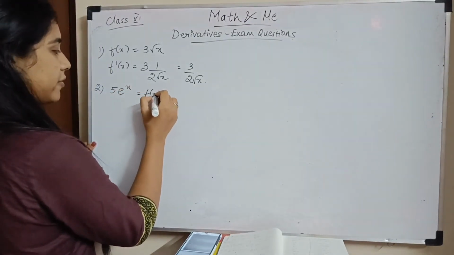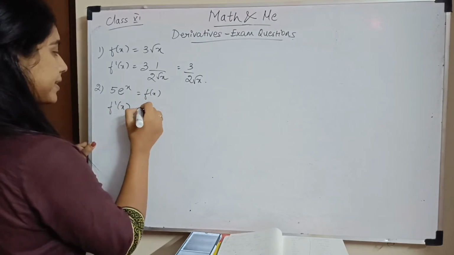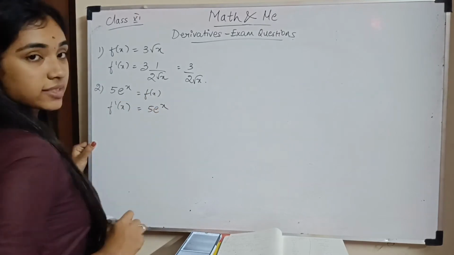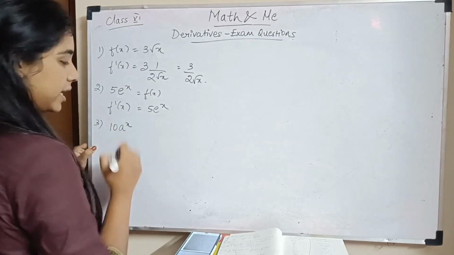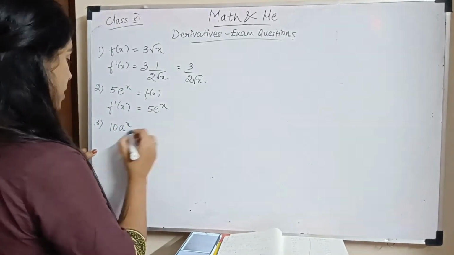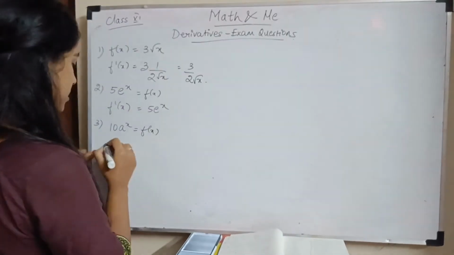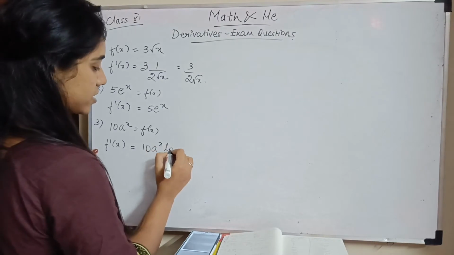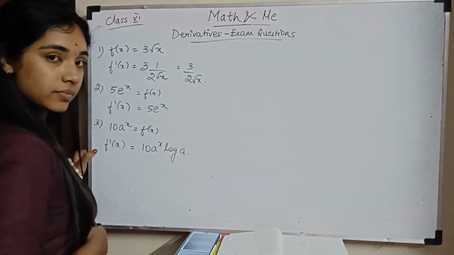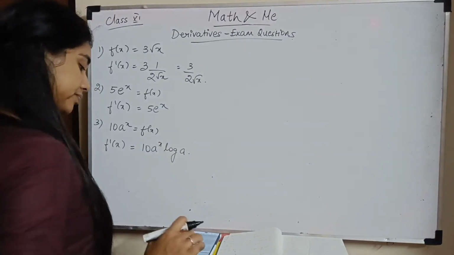This is your f of x. So what will be your f dash of x? It will be 5 e to the x. No change. Next question. You have 10 a to the x. Which means if this is your f of x, f dash of x is equal to 10 a to the x log a. Okay, this is your derivative.